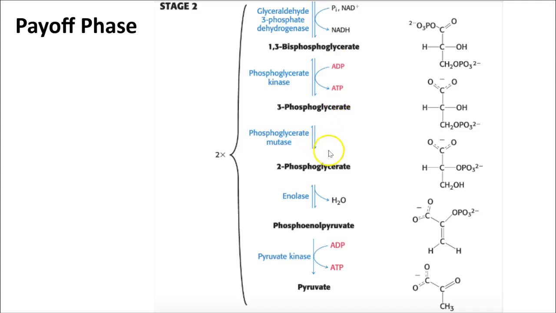We go through another stage of preparation where there is some interconversion of having that phosphate group from the 3rd position now move to the 2nd position. Then you have dehydration that happens, and then it's finally at the last stage of donating its last phosphate group, now generating ATP, and you finally have 2 molecules of pyruvate, and overall in total there are 4 ATP that are generated.